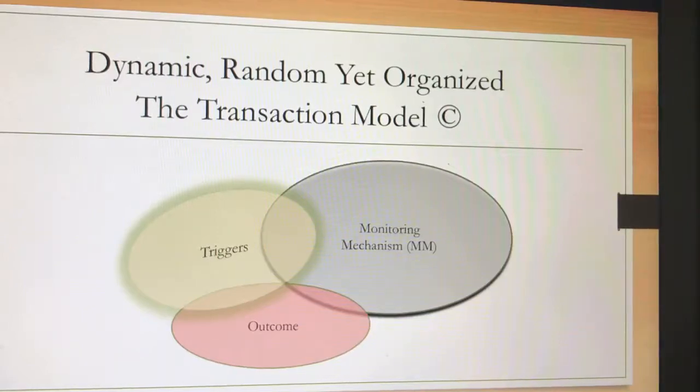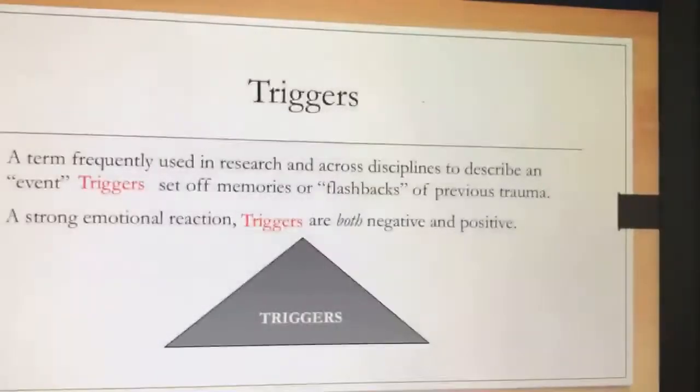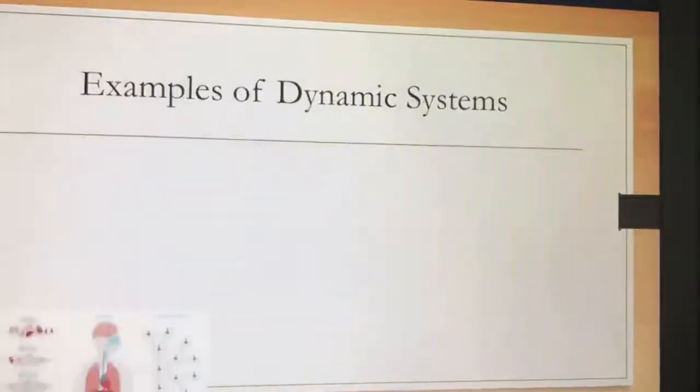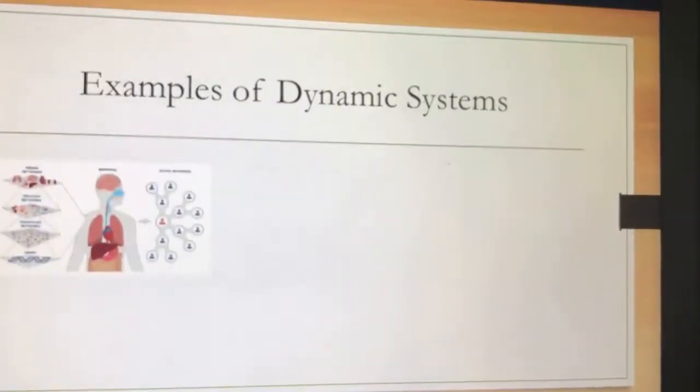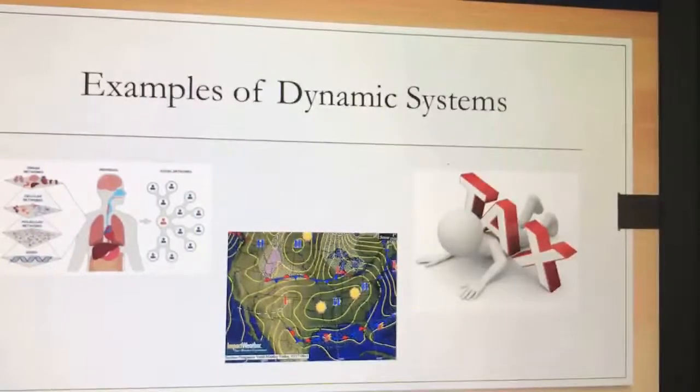Now, dynamics are not something new within our frameworks. We see dynamics within many different structures within society. Some examples of dynamic systems include biology, weather systems, and, although broken, the U.S. tax system.